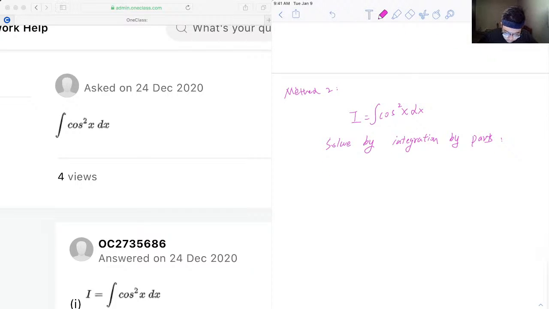So u is equal to cosine x, and dv is equal to cosine x dx, and therefore du is equal to negative sine x dx, and v is equal to the integral of cosine x dx, which is equal to sine x.